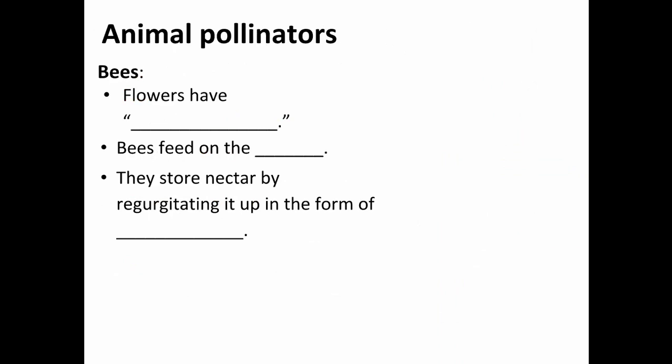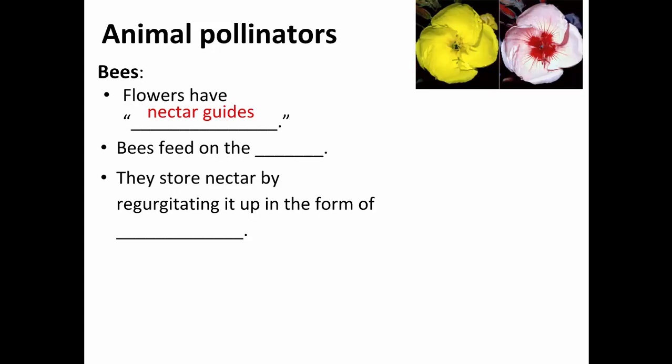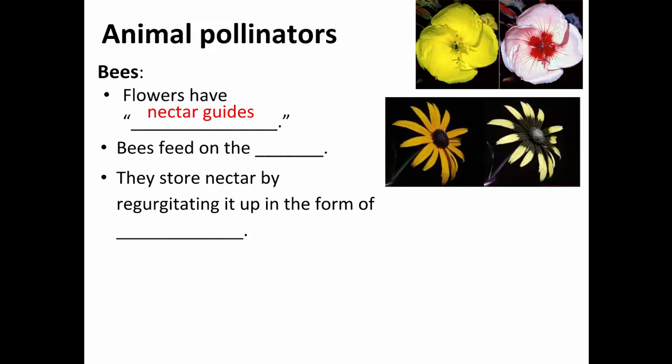So let's talk about bees. Bees are very, very important. Bee-pollinated flowers often have these nectar guides, like I just said, and bees actually feed on the nectar. They find it, they consume it, they have actual special stomachs for storing nectar.